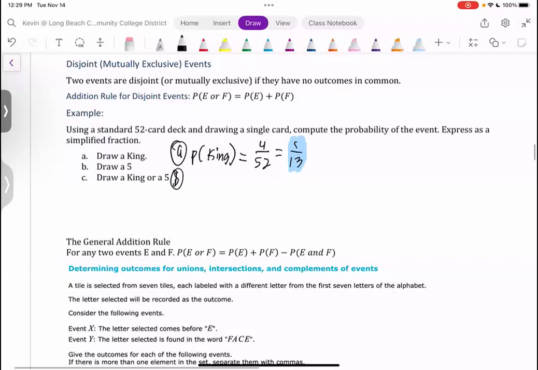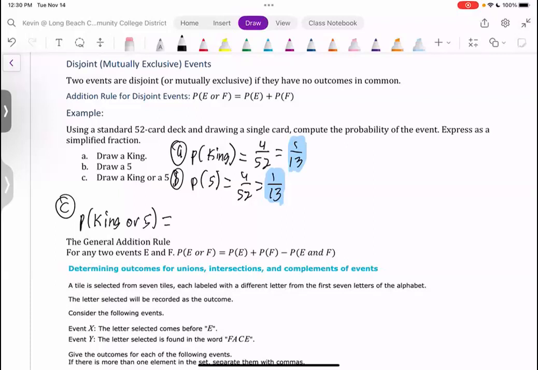Part B, probability of drawing the 5. Well, there are, again, 4 5s out of the 52. Now, part C says draw a king or a 5. Well, there are no cards that are both a king and a 5 at the same time.